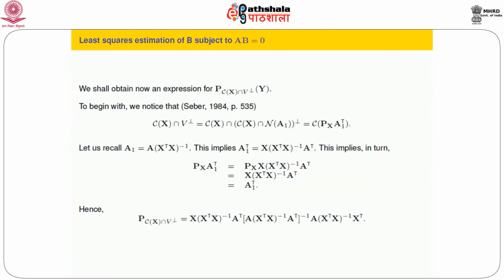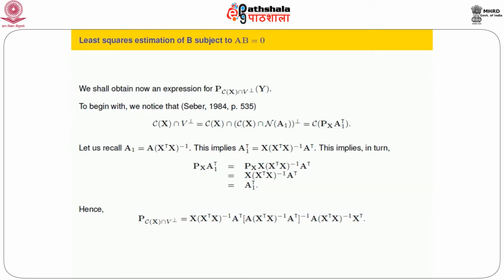So therefore P of Cx intersection V perp, let us look at this, is the same as the column space of Px A1 transpose. Now what is the formula for Px? It is x times x transpose x inverse x transpose.